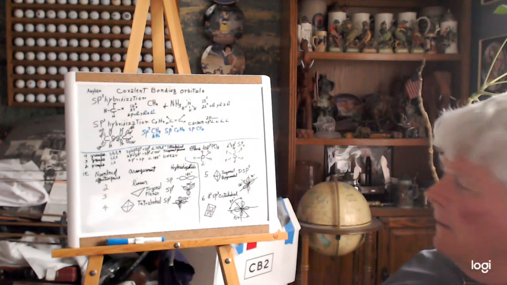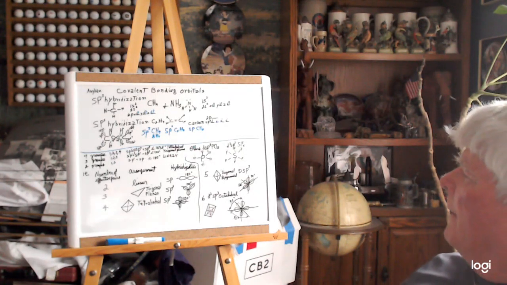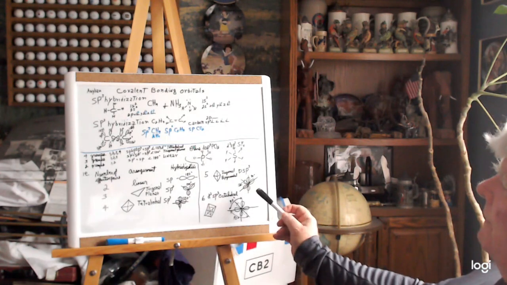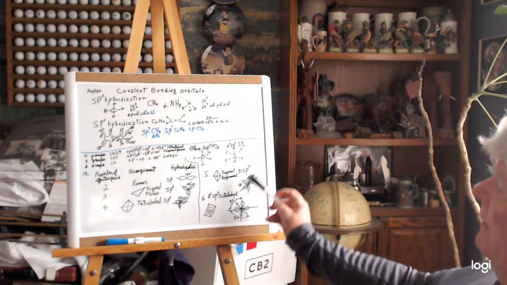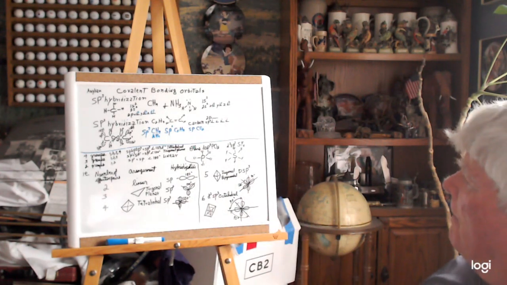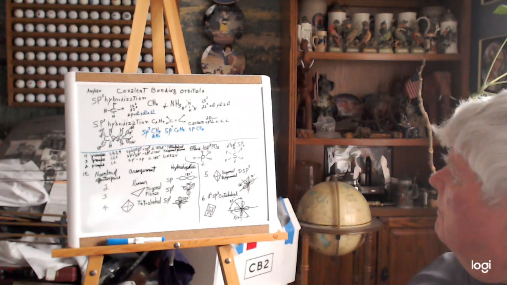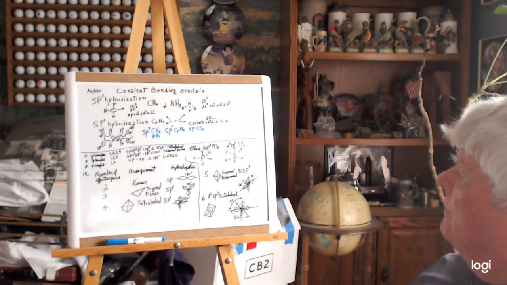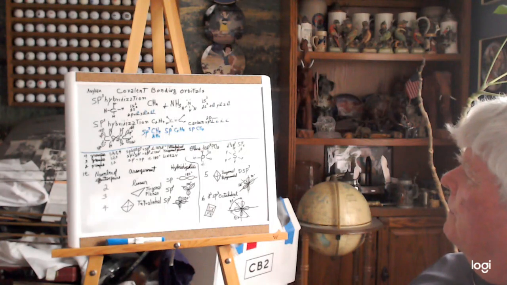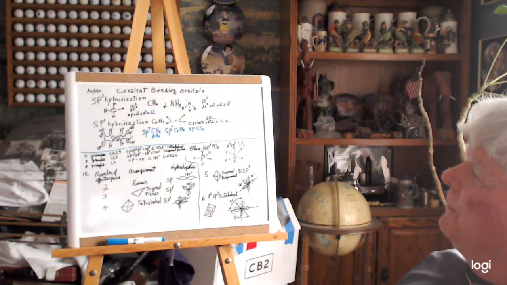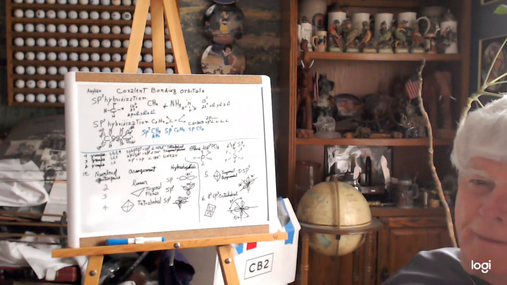Trigonal bipyramidal. Again, the reason, of course, is the trigonal here and the bipyramidal is there, which should be reasonably understandable. 90 degrees and 120 degrees. And if you wish to delve into this deeper, some textbooks have whole chapters on this.